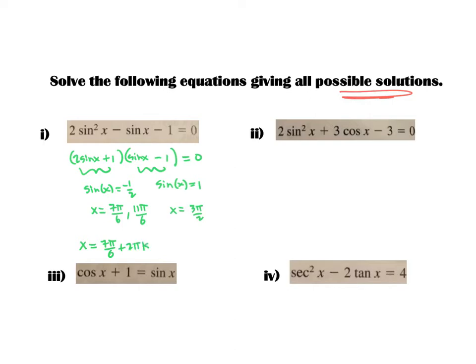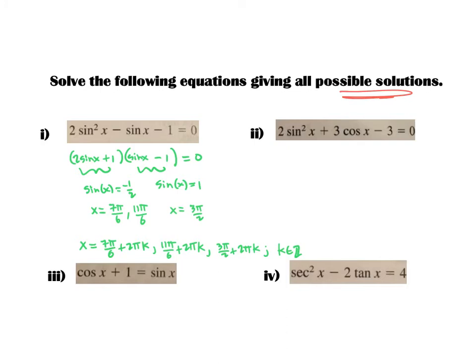That k could be any integer value, positive or negative. I'll write that out in just a second. So 7 pi over 6 plus 2 pi k, 11 pi over 6 plus 2 pi k, and 3 pi over 2 plus 2 pi k, with k in the integer set.